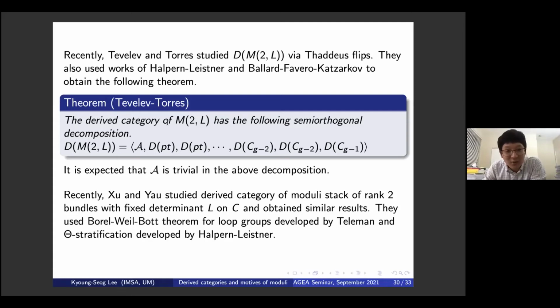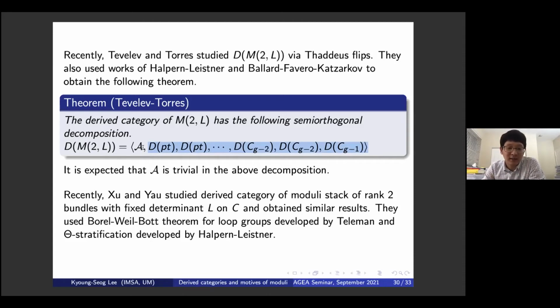The derived category of this moduli space has the following semi-orthogonal decomposition. So they actually prove that the derived category has this decomposition, with pieces given by the (g-2)-th symmetric product, the (g-2)-th symmetric product, and the (g-1)-th symmetric product. And as I told you, they didn't prove that this generates the whole triangulated category, so there is still a remaining part.